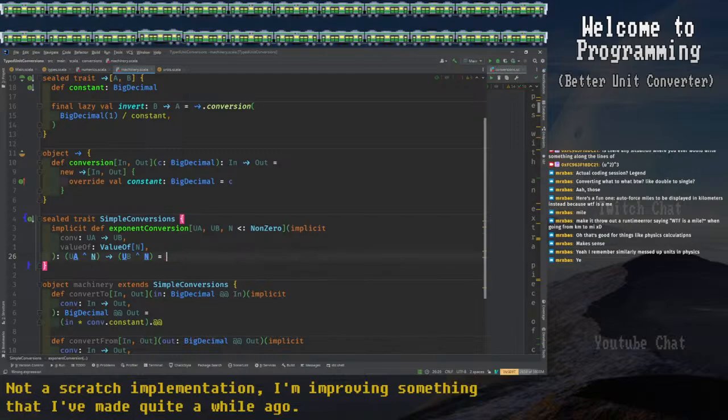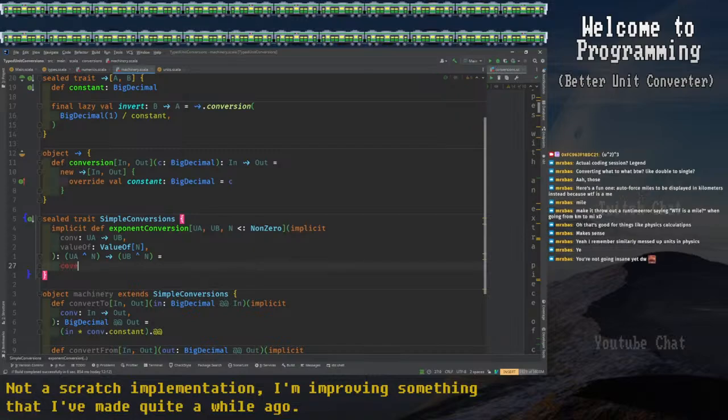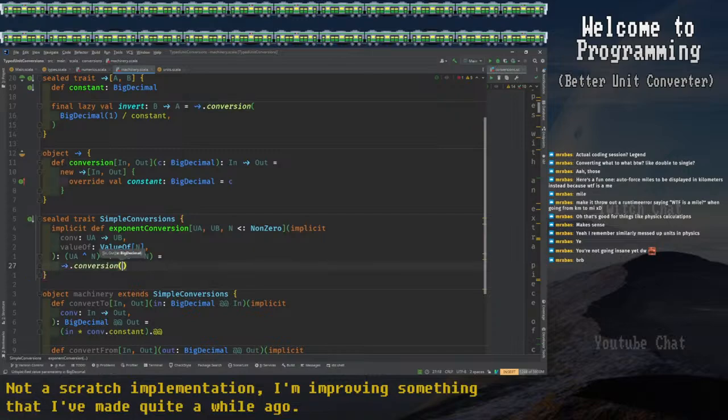So now that I have that, I can do conversion dot val, how do I get the value? It's constant. I can now generate a conversion of, you're not going insane yet, don't worry.